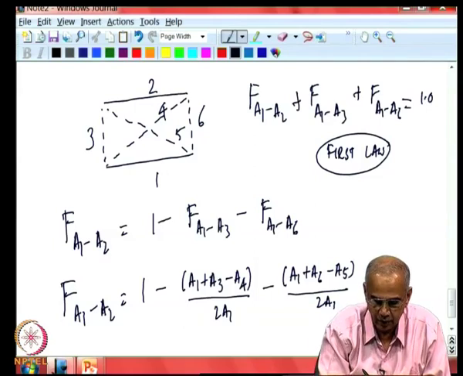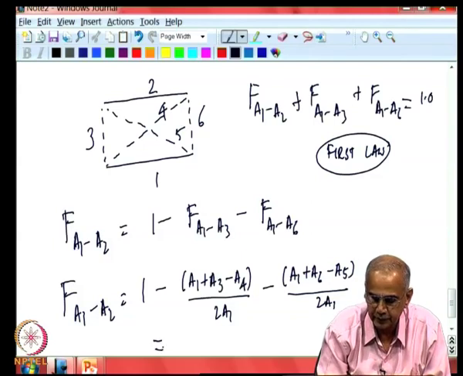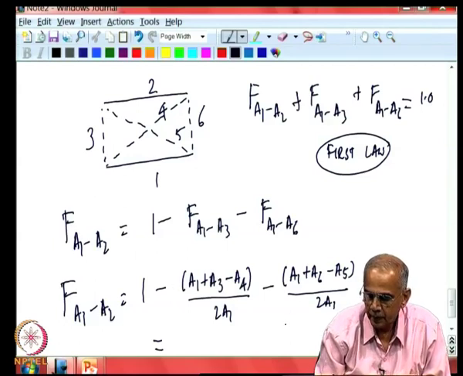So, finally, let me just write it down and then we go to the next page. You can see that this and this will cancel out and we can add 4 and 5.